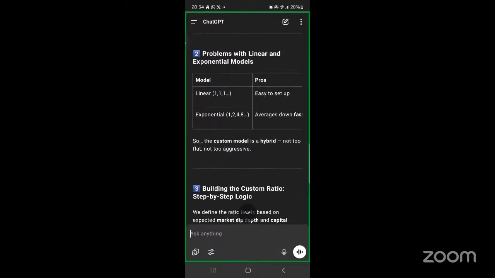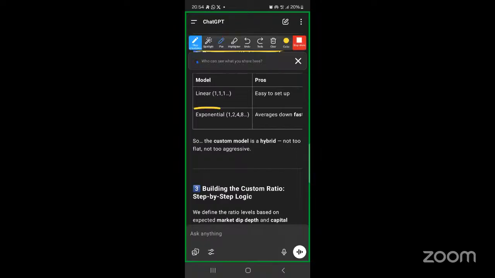Okay. Problem with linear and exponential model. Easy to set up. Averages down slowly, poor in steep dips. So they are giving you the difference. The one Loyochu has is exponential.